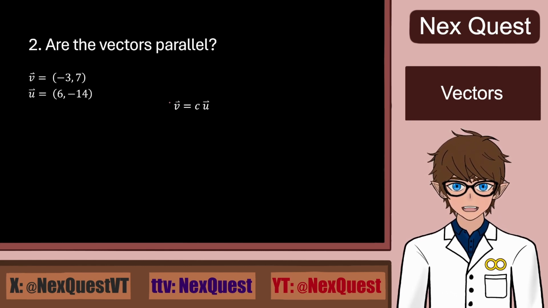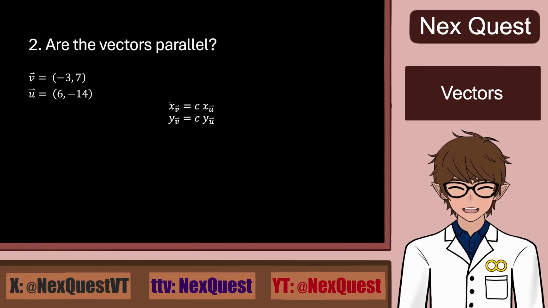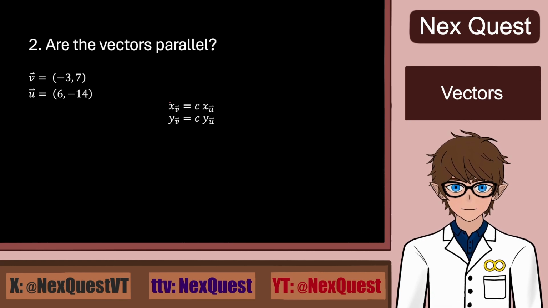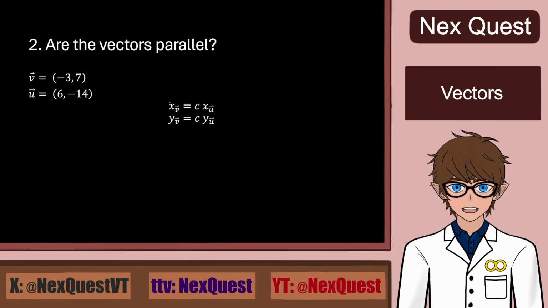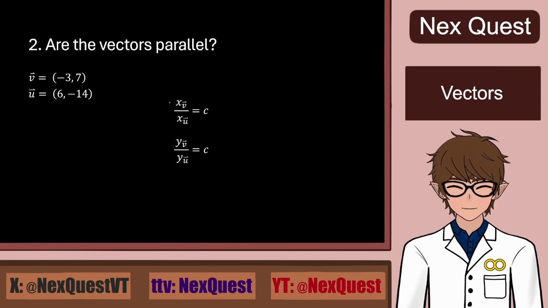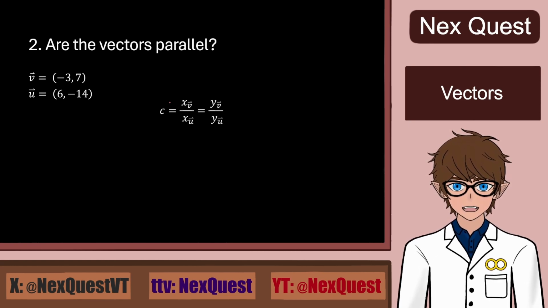So anyway, we set our equation. Vector v must be some scalar times vector u. We rewrite that for each individual coordinate, component, whatever. We are going to isolate c and then equate the two equations we get. So factor out c, equate the two, and now insert the coordinates to see if such a real number exists.